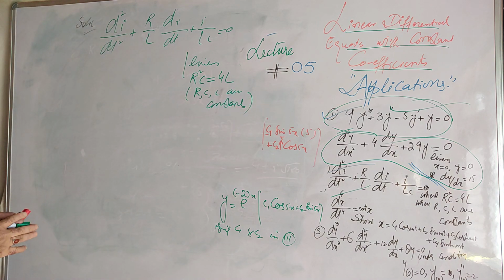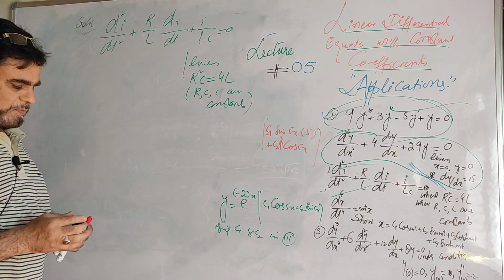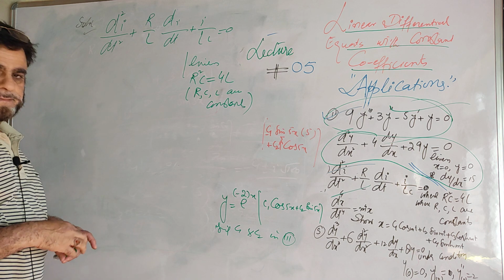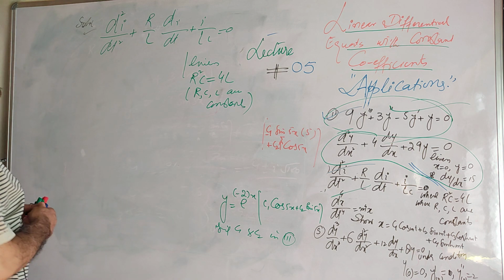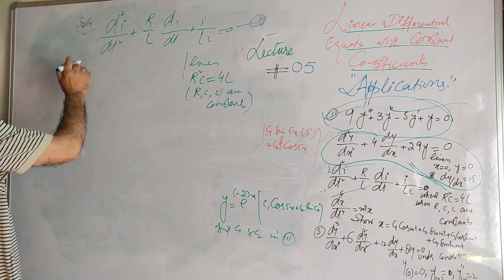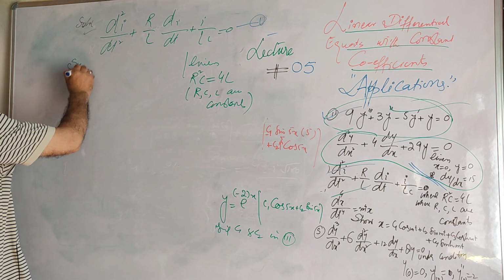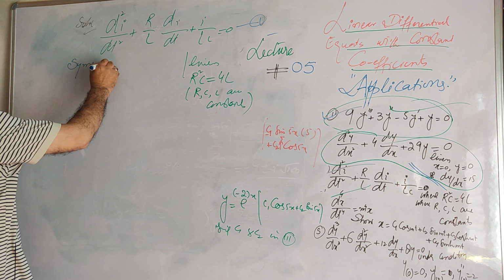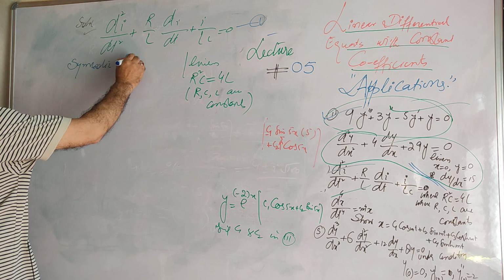How will you go? Here I is the dependent variable. So you can write its symbolic representation. Be cautious. The symbolic representation is this.